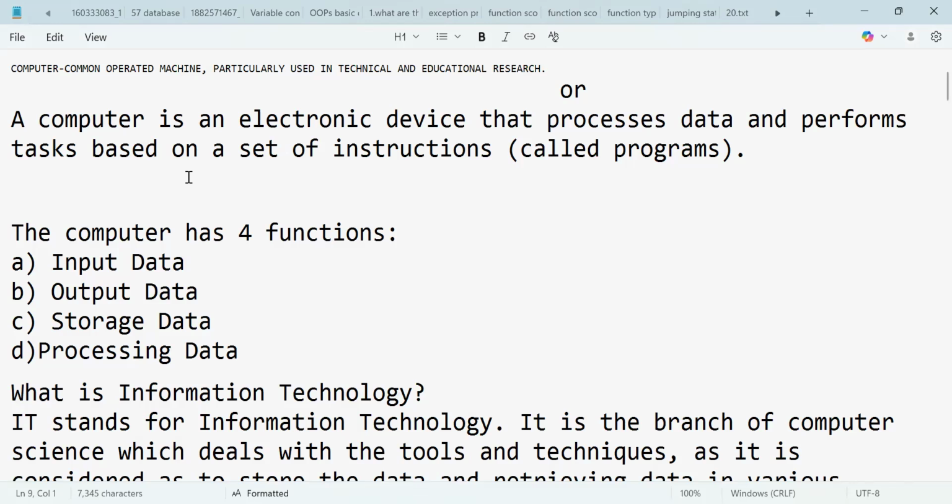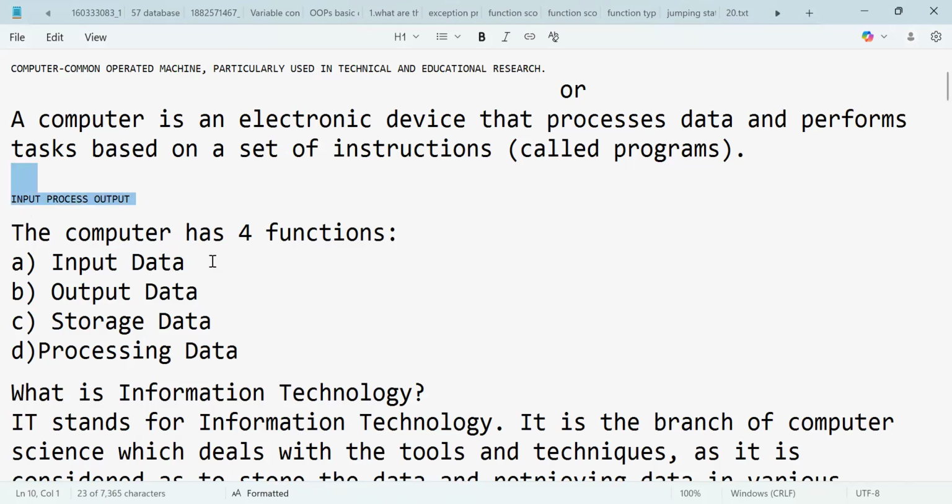After that, it processes the data, and after that it produces the result, that means it outputs the data. These are input, output, and process.